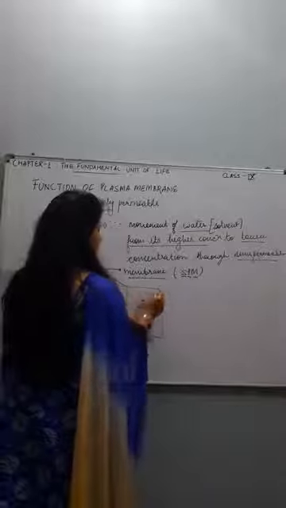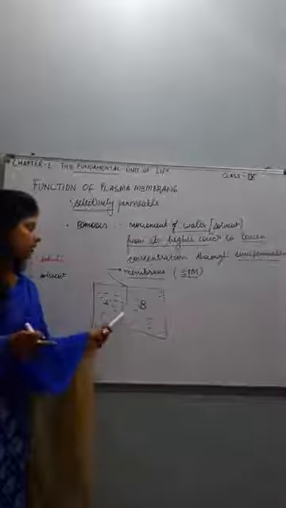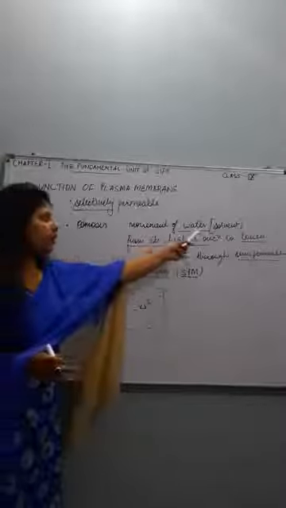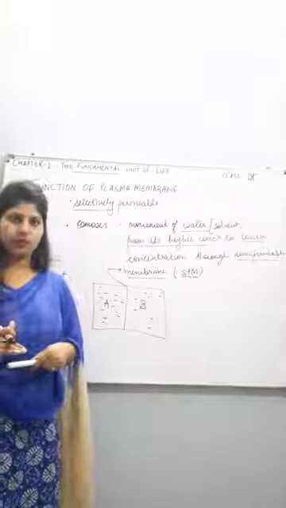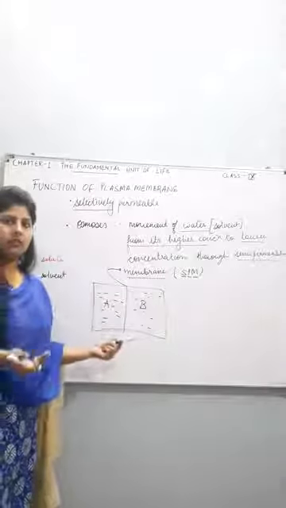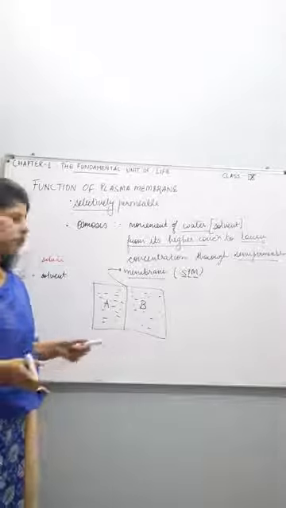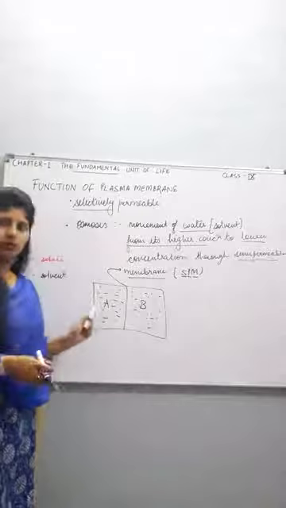Only few molecules of the solvent are present. So now we can check, during osmosis water or any other solvent will move from its higher concentration to lower concentration. It means check whether in A or B the concentration of water is more. So you can see that in the A chamber the concentration of water is more.